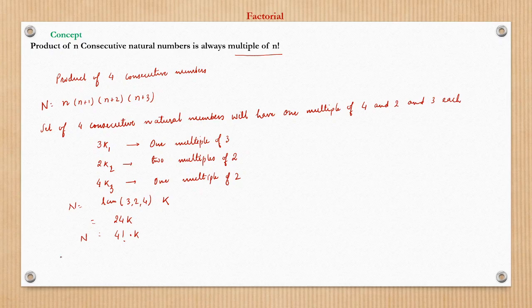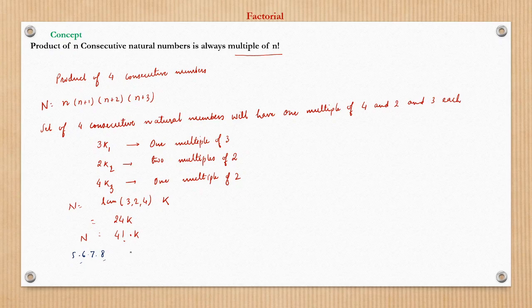Let us take some examples also. Say 5 into 6 into 7 into 8. Now this number has two multiples of 2, one multiple of 4 also, and one multiple of 3. That is why this is a multiple of 48, but at least a multiple of 24.